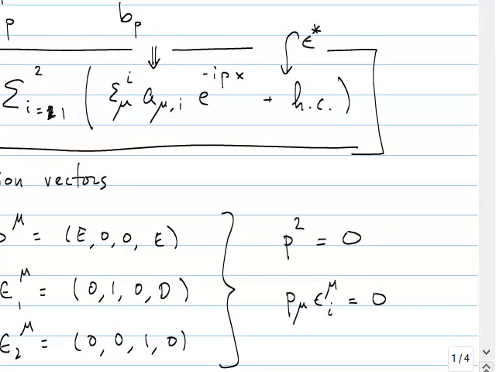So a gauge transformation of A will lead to some sort of change in these polarizations, epsilon. And what must be the case if the theory is gauge invariant is that when you actually compute scattering amplitudes with external photons, the result should be independent of those parts of the polarization vectors epsilon that depend on your gauge choice.